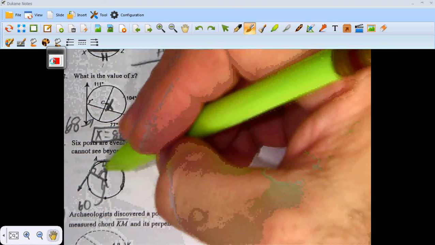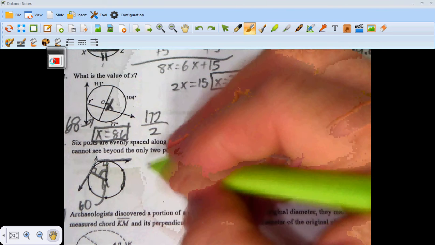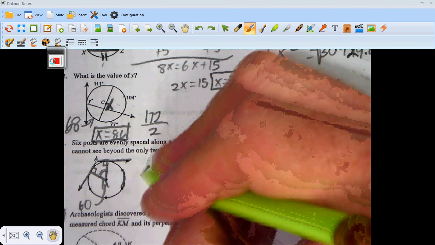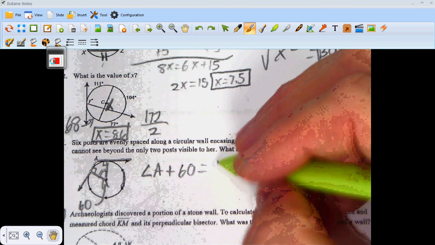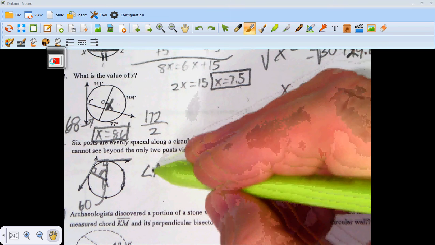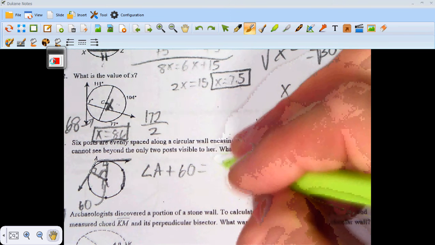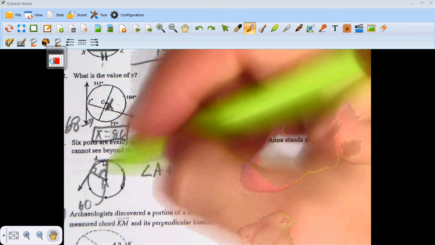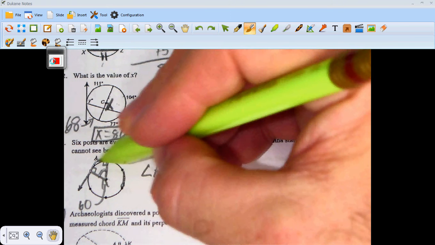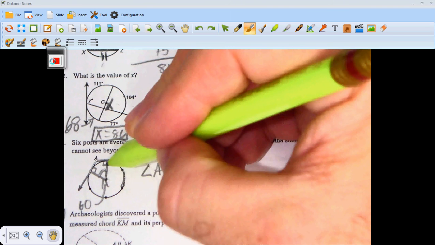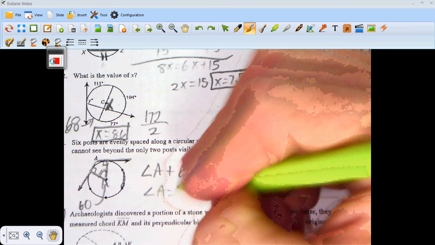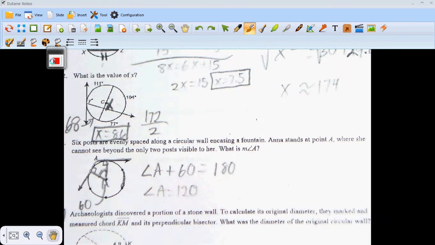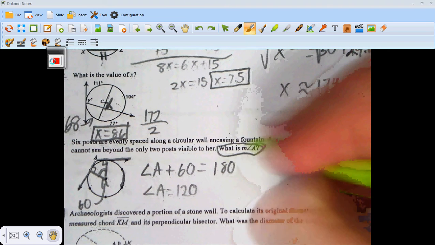So now if I look at angle A plus the central angle of 60, how many degrees is that? 120. Well, A is 120, but what's the total? 180, because I know that this is a quadrilateral that is formed right here. So I know that angle A is 120, and that is what we were looking for.